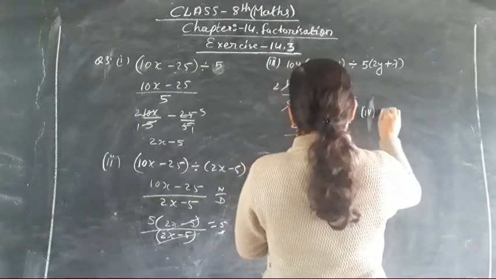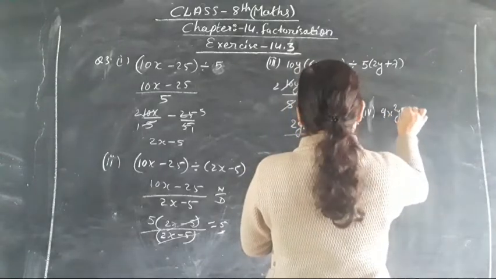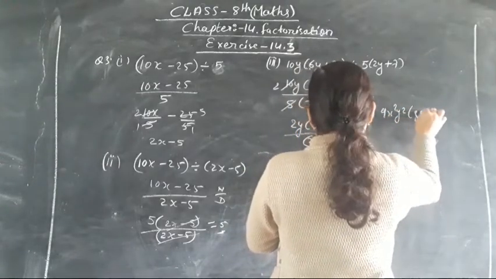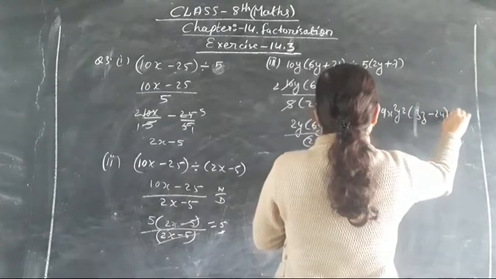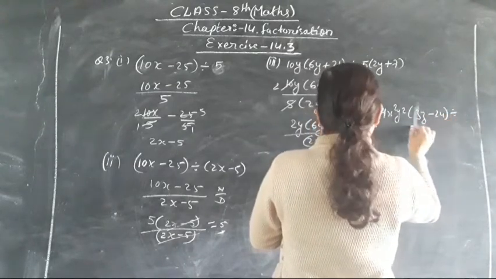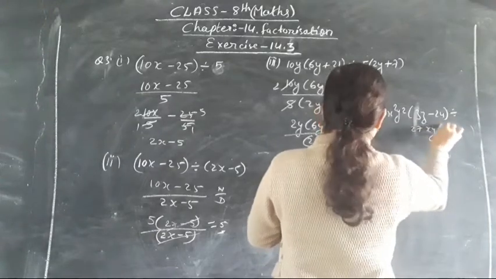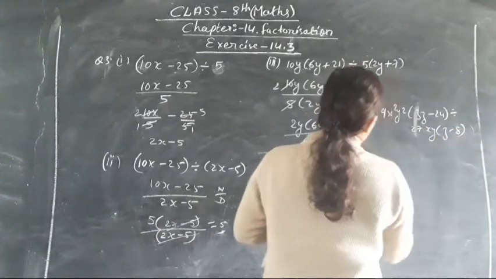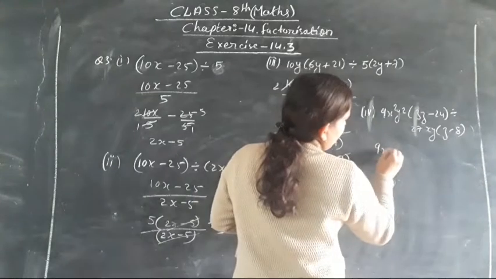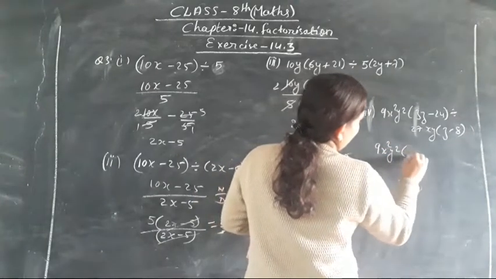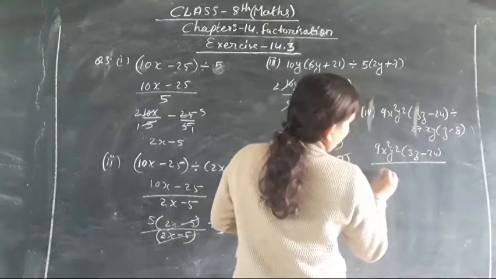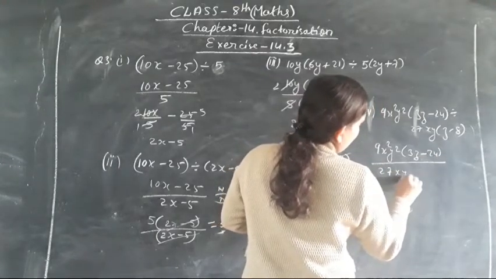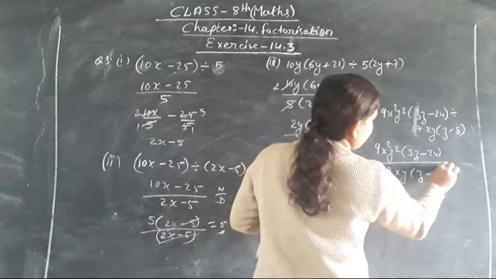The fourth question is 9x square y square into 3z minus 24 divided by 27xy into z minus 8. So look, here 9x square y square into 3z minus 24 upon 27xy into z minus 8.